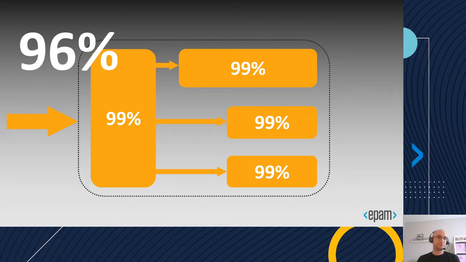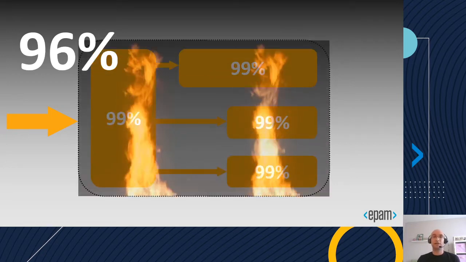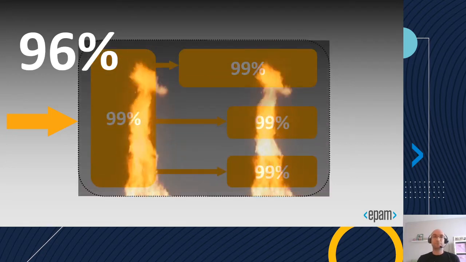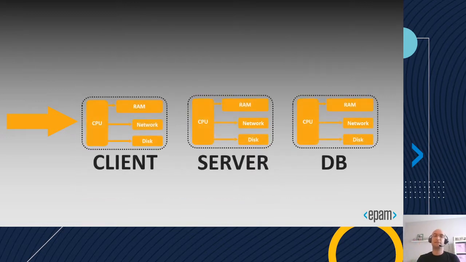Now, in today's world of microservices, there is no such architecture as a single instance architecture. That's the fact. So that means that usually you have something like what you have on the screen. You have a client talking to a server, talking to a database, right? So what happens when you increase the complexity by simply adding three machines that are dependent on each other?